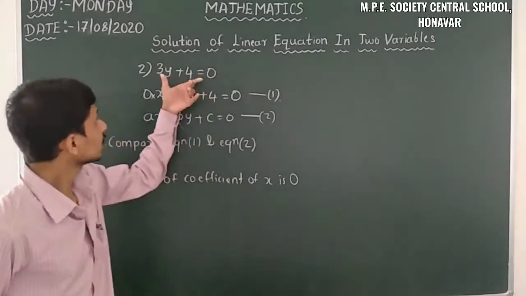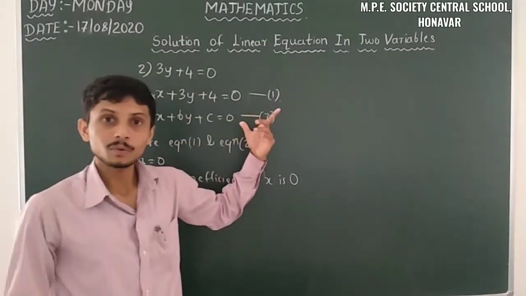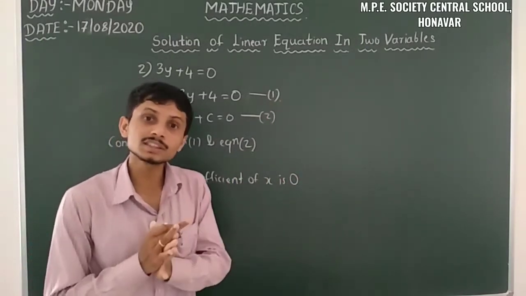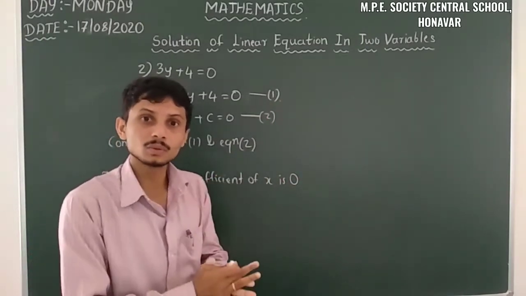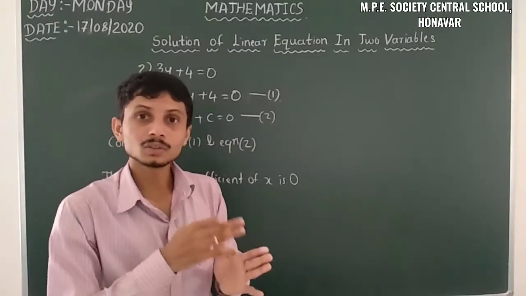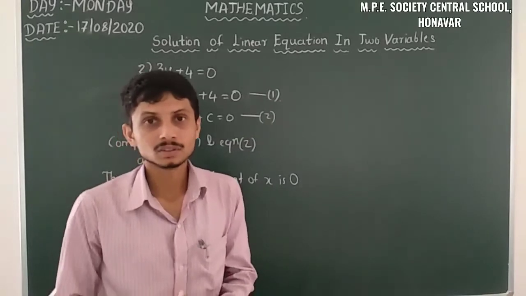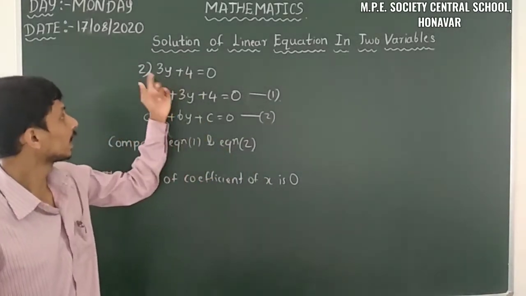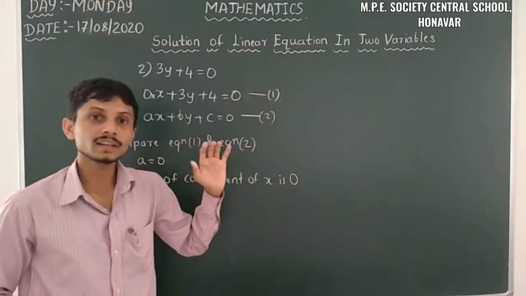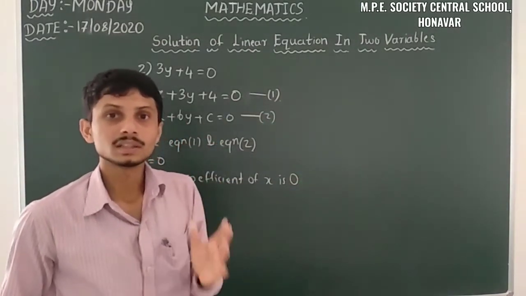That's why here we have only the y term. So what we have to do here is just transpose the constant term and the coefficient of y to the RHS. Here we just transpose this 4 and 3 to the RHS side. So we get the solution of the equation.